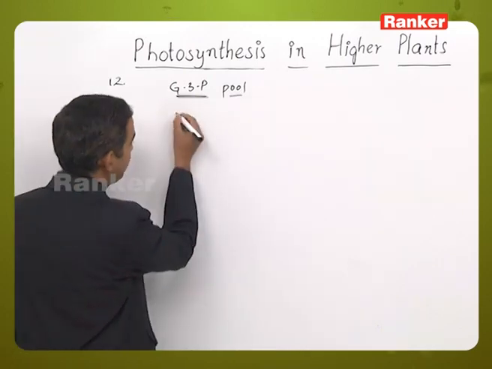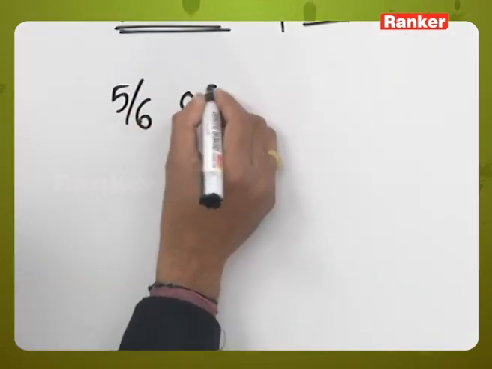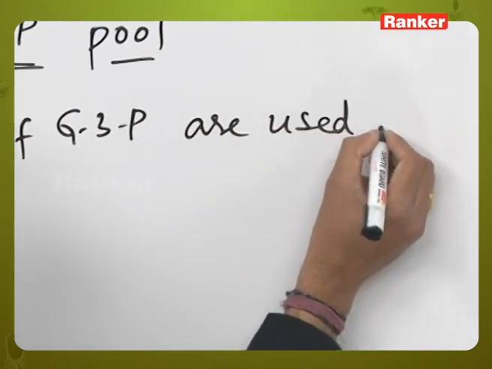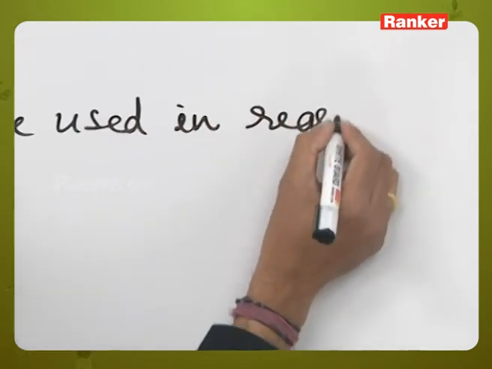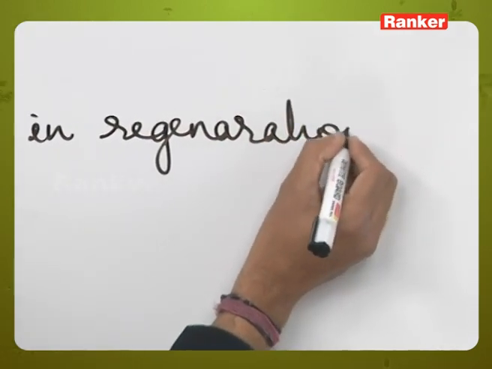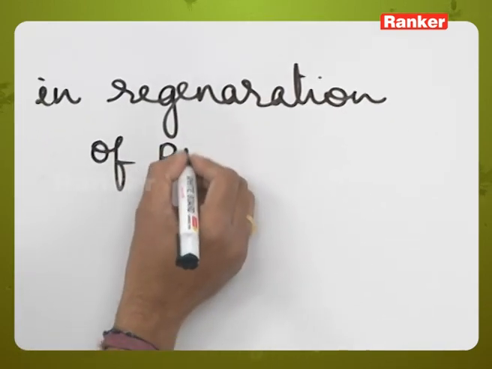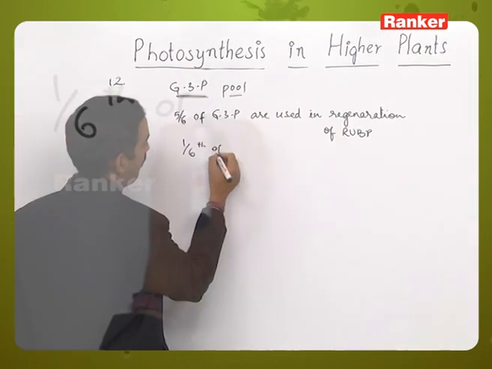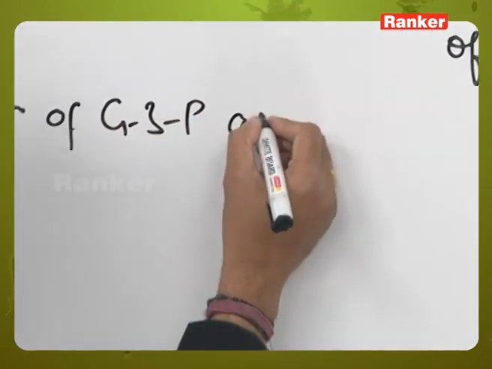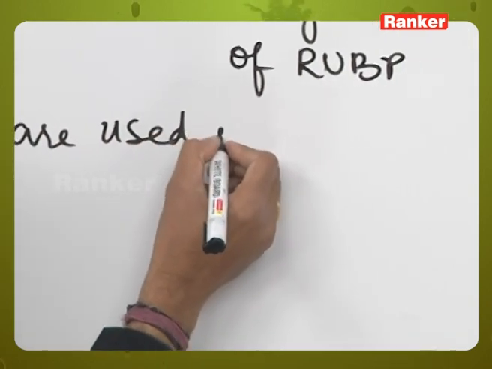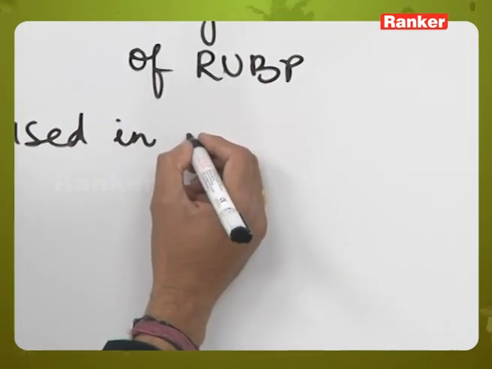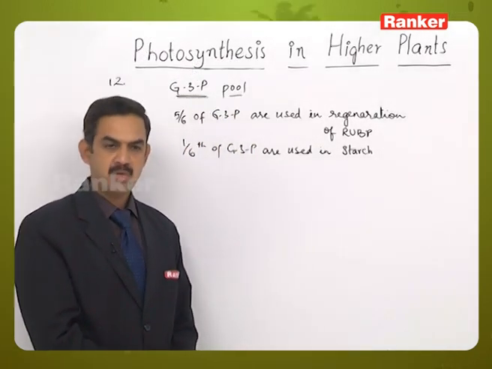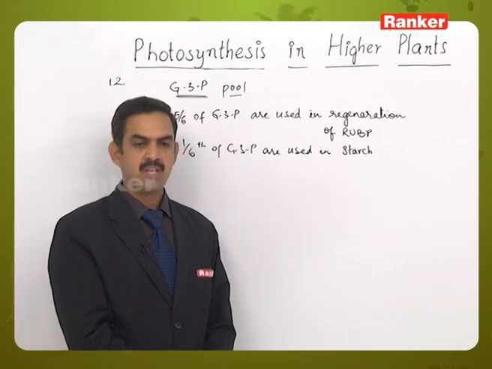That is, 5/6 of G3P is used in regeneration of RuBP, while 1/6 of G3P present in the G3P pool is used in the production of starch, or the formation of the end products which will be transported through the phloem tissue.